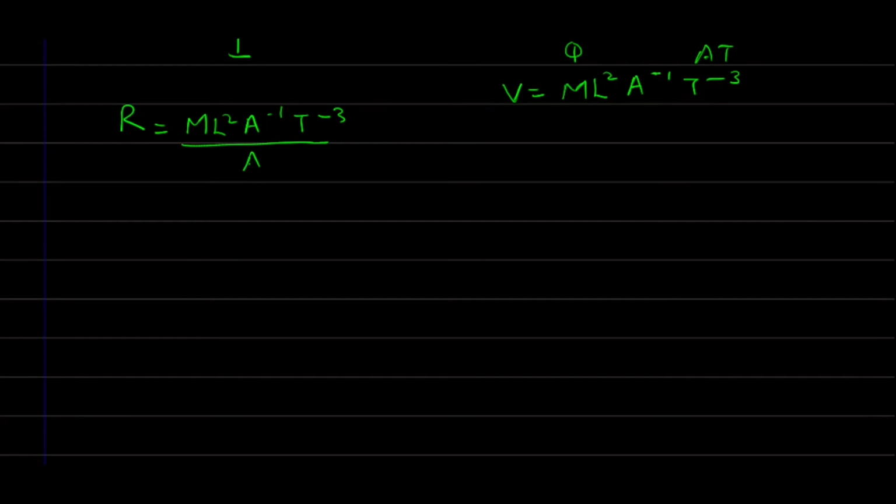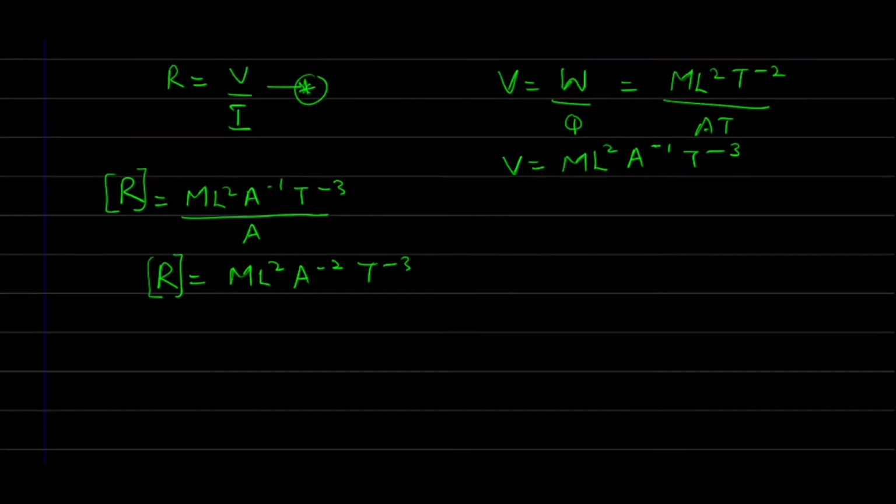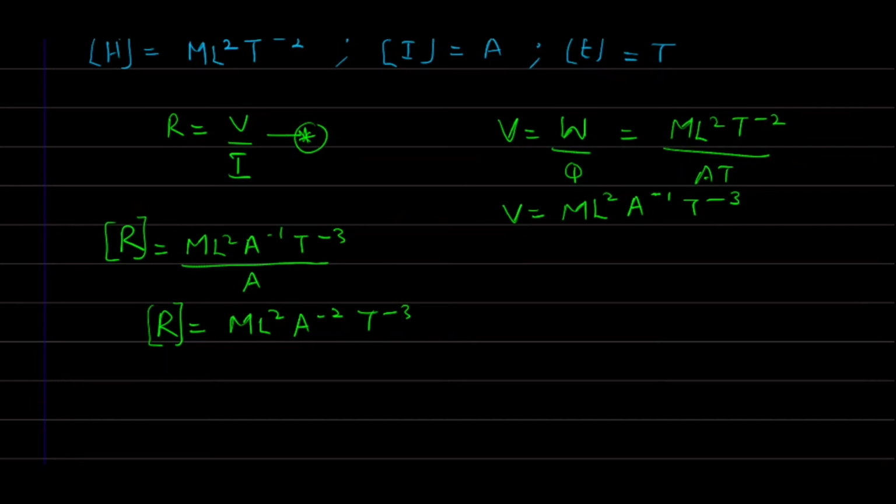Current is A. Here, resistance becomes ML², and when this A goes up, it becomes A⁻²T⁻³, and this represents the dimension of resistance.